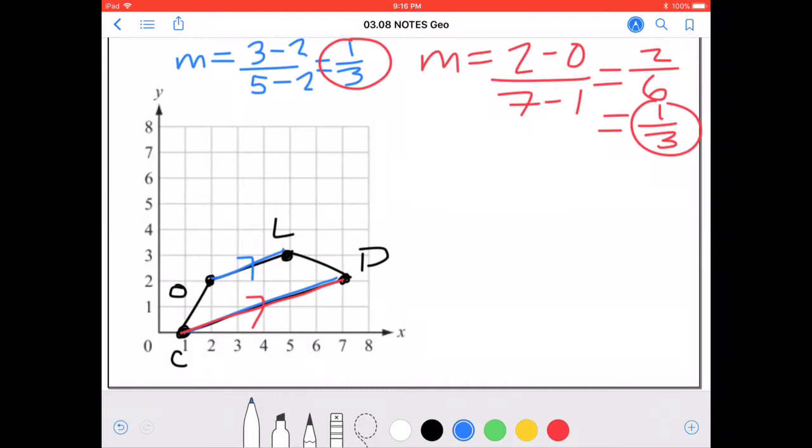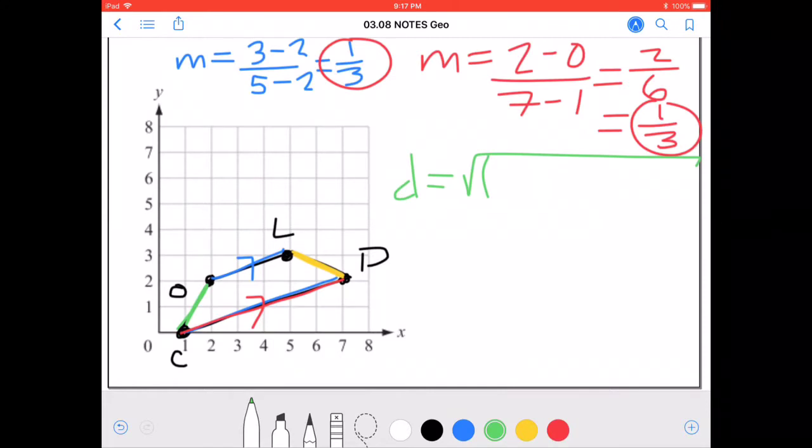Part B says prove that quad COLD is an isosceles trapezoid. So now for that, we have to prove that our two sides are the same length. So to do that, we need to use our distance formula. Let's start with OC. So unfortunately, unlike yesterday where we could find some shortcuts, here we have to do it the long way.